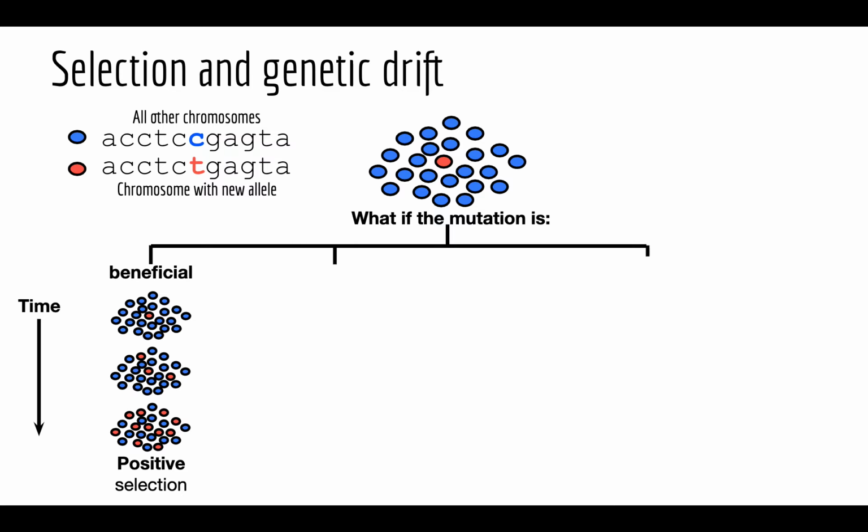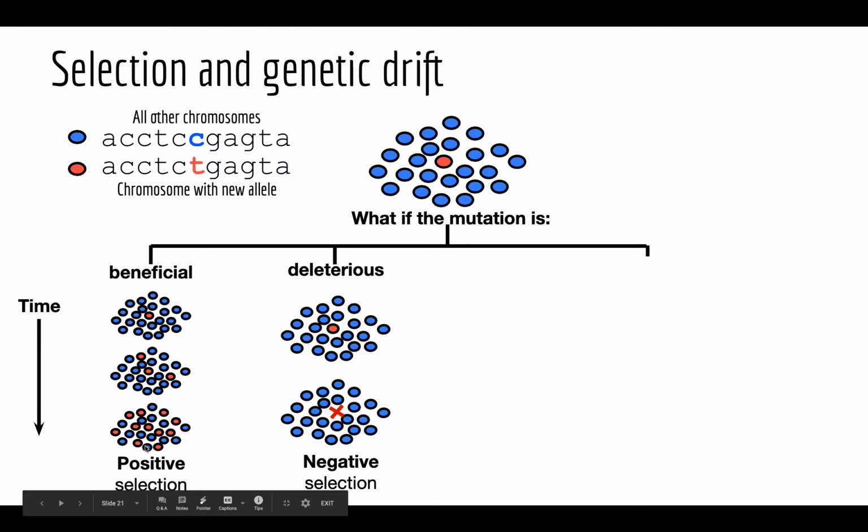Over time, what we should see is that mutation should increase in frequency because individuals lacking that allele may die earlier and have less offspring. And individuals that have that new allele will live longer, outcompete, and do better in that new environment, and it is therefore adaptive. So that would be a signature of positive selection. This allele confers a fitness advantage, and so it's positively selected over time.